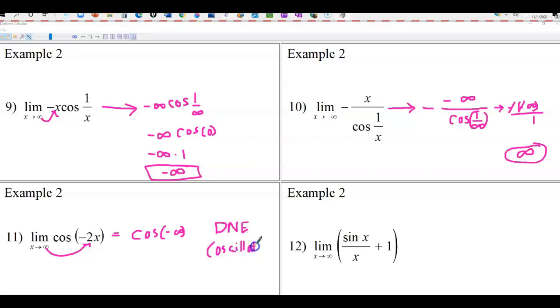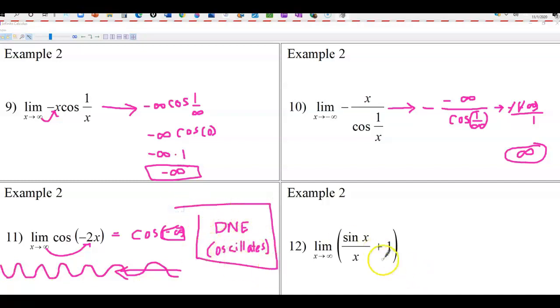It doesn't go to infinity. Why not? It doesn't go to infinity because it goes up and down, right? What this means by putting a negative infinity in here is that we're moving to the left forever. And as I move to the left forever, what's happening? Well, my graph's just going up and down constantly between two fixed values. The y value never really is approaching anything in particular. It goes back and forth. It's oscillating. And so that would be our answer for that one.